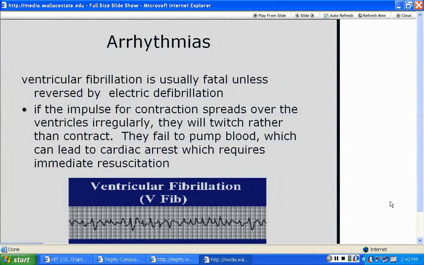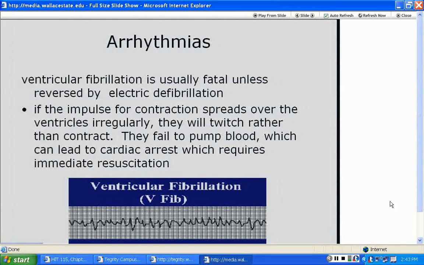If a person is known to be in ventricular fibrillation, their ventricles are contracting so fast that they're twitching instead of contracting, they can't pump blood around. These people need immediate life-saving electric defibrillation, and we now have equipment on campus to provide that. This is what the EKG strip, the electrocardiogram strip looks like, the reading there, the picture.